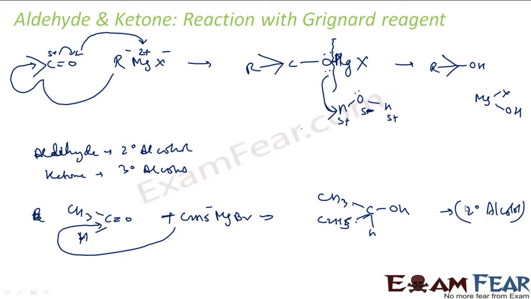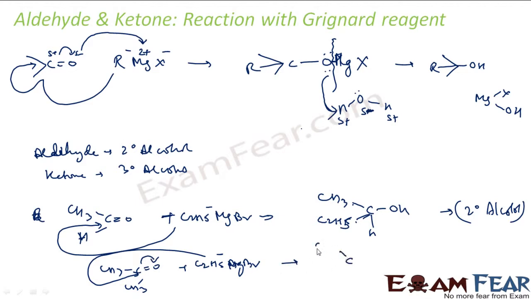Correct? Instead of this, let's suppose I use a ketone, and again C2H5MgBr. C2H5 has negative charge, attacks this carbon, and MgBr goes off. What you get is CH3 here, CH3 here, my C2H5 will come here, and here O minus, and then H plus will come.